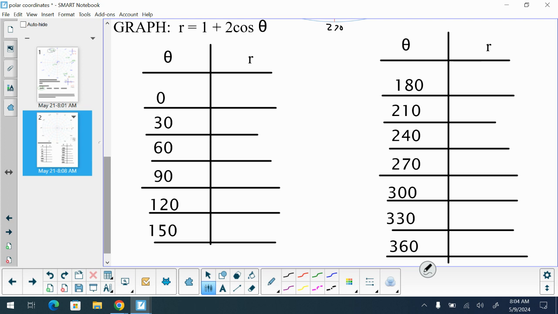Check those answers with somebody around you. And then plot the ordered pairs that you have. Going to one decimal place is fine. You're going to get decimals. You're going to get 2.72. Just go 2.7. So just click to your calculator: 1 plus 2 cosine 0, 1 plus 2 cosine 30, 1 plus 2 cosine 60, 1 plus 2 cosine 90.